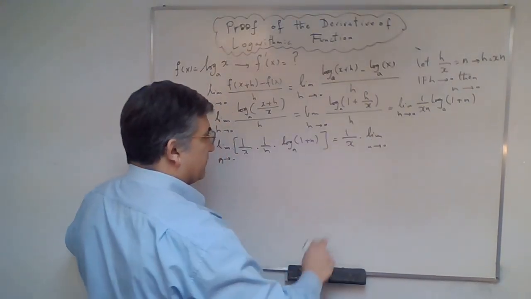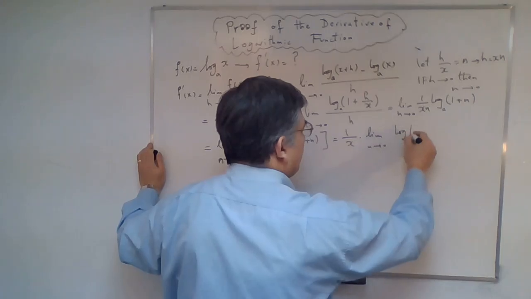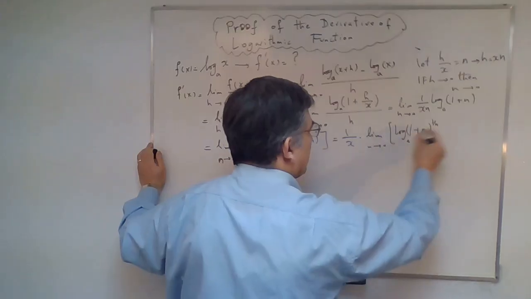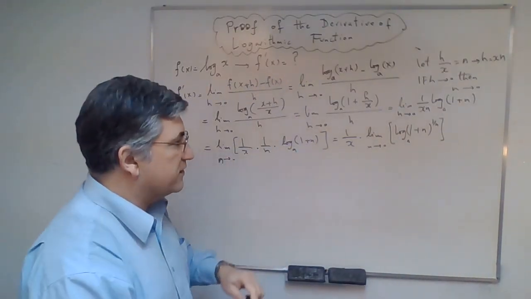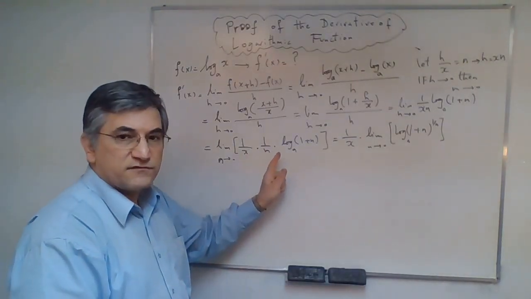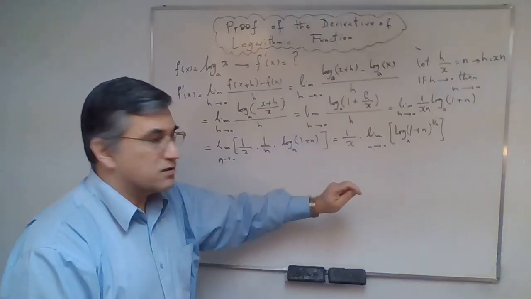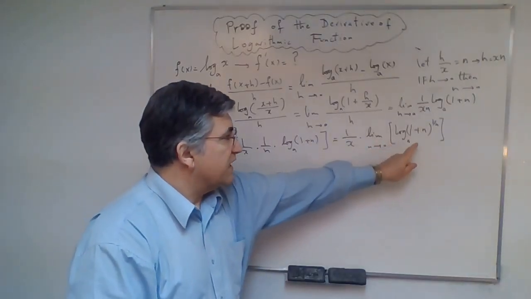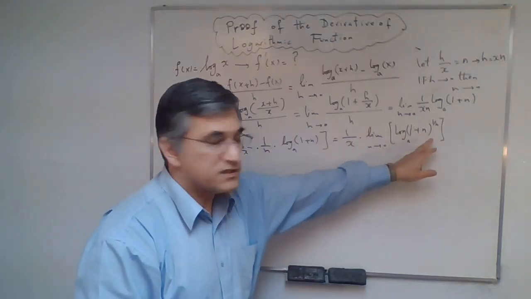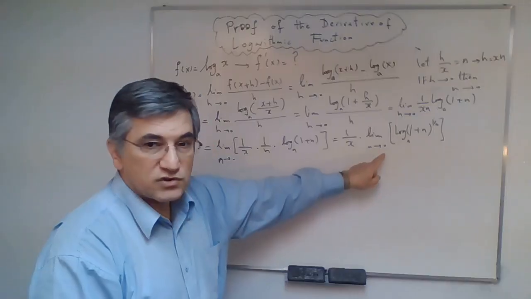N approaching 0 of log of 1 plus n to the exponent of 1 over n. So what I did, I applied the power law of logarithm, and 1 over n was a coefficient for the log. I put it in the exponent part. So now I have log of 1 plus n raised to the exponent of 1 over n. We have to take the limit of this when n approaches 0.